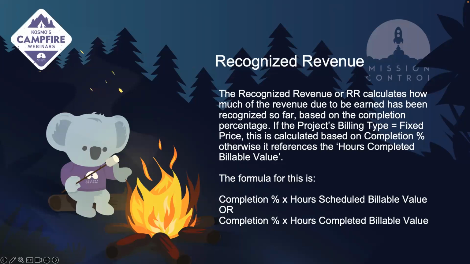So similar to that actual cost and earned value, you have two different methods of that. So the formula would be completion percentage times your scheduled billable value, or your completion percentage times your hours completed billable value. And that would be your actual amount of hours times your billing rate for your completed value.